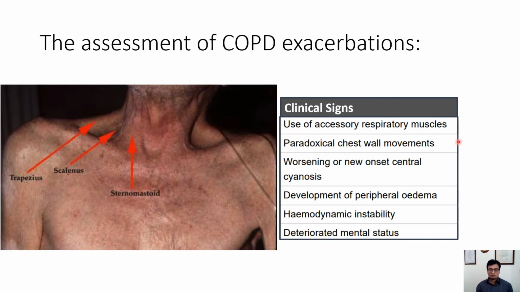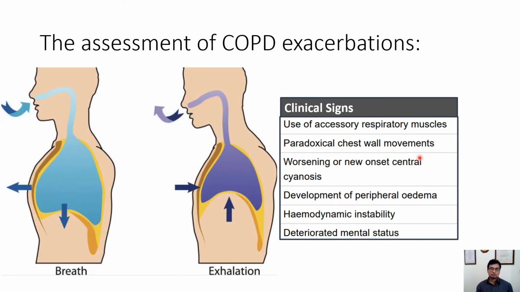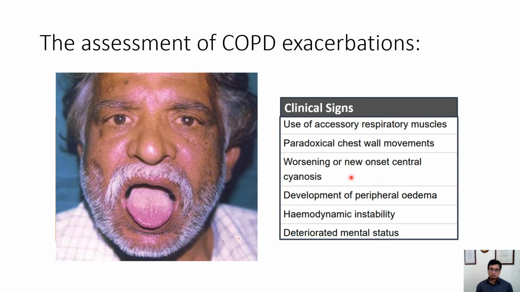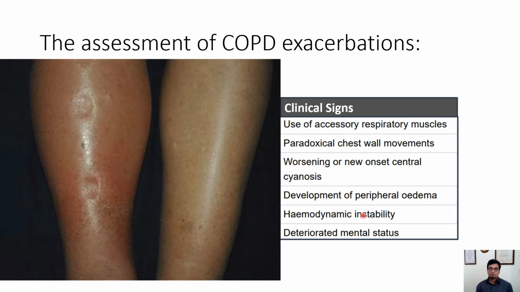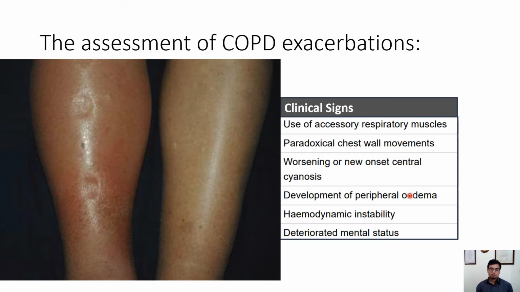Look at the accessory muscles. Accessory muscles working means COPD is quite severe. Whether there is a paradoxical chest wall movement, meaning that during expiration the chest wall goes in. If there is a worsening or new onset central cyanosis, that is quite severe COPD. Development of peripheral edema means that there is a component of cor pulmonale or right ventricular failure due to COPD.